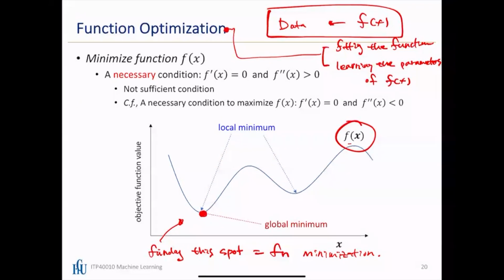And the way we find this minimum spot is basically using the derivative. If you take the derivative, that represents the tangent line. If you draw multiple different tangent lines, you can at least measure whether it is going up or going down. Now let's imagine you want to find a spot like this.